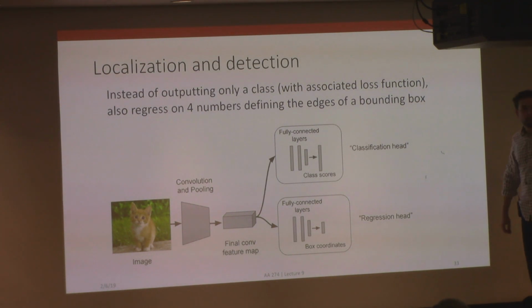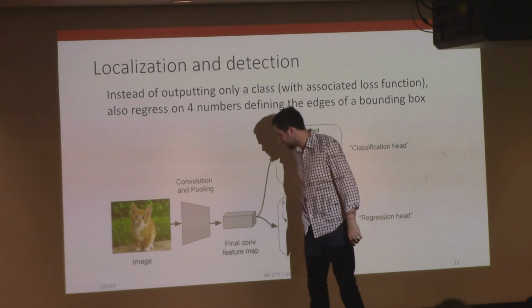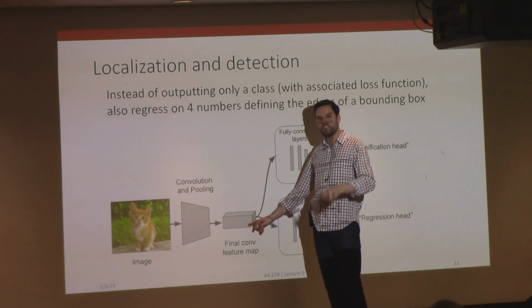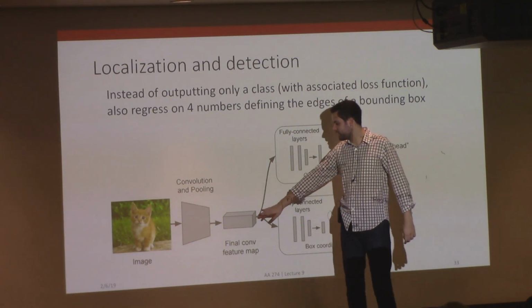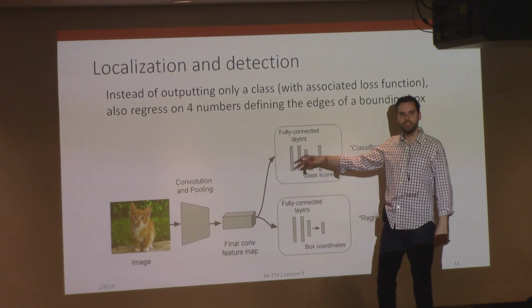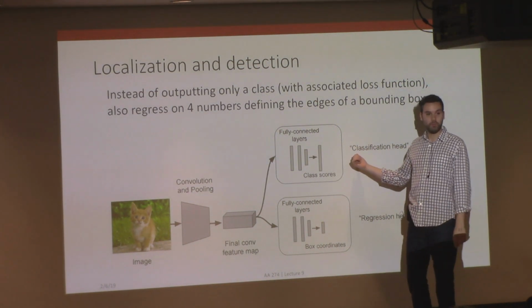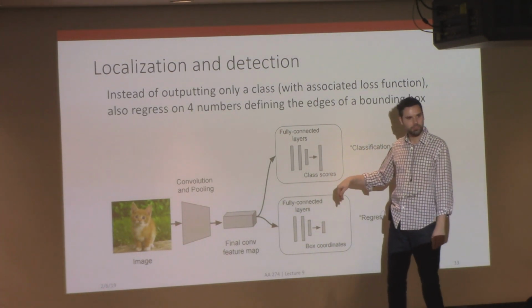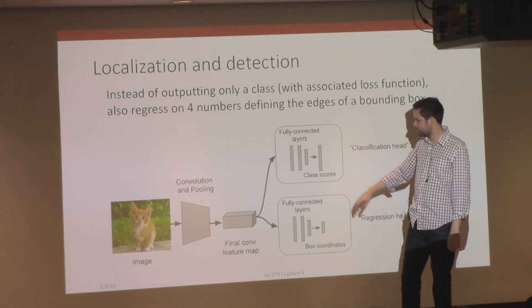The way you might architect this is you have your input image, you have your whole CNN, and then you have this final feature map before you go to the fully connected layers, and you use this value in 2 places. The first is the normal way, the classification head, where you have some fully connected layers and then a softmax layer, and you get probabilities for your classes.